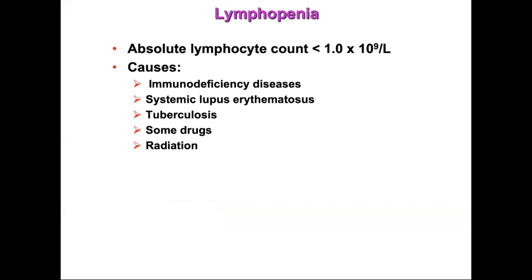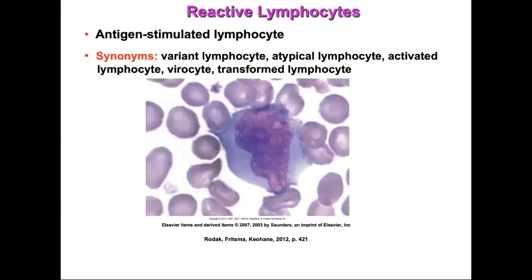Lymphopenia is the other way around. You can also have lymphopenia from immunodeficiency diseases like systemic lupus, tuberculosis. There is tuberculosis, not immunodeficiency, but tuberculosis can lead to lymphopenia, drugs, and also radiation.